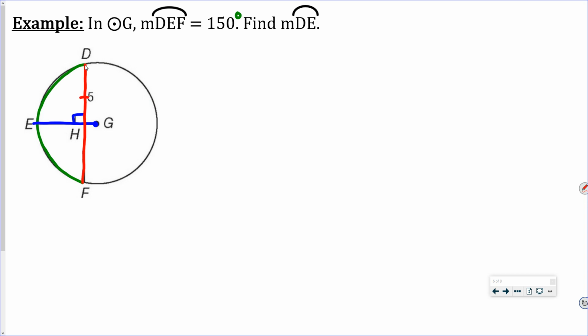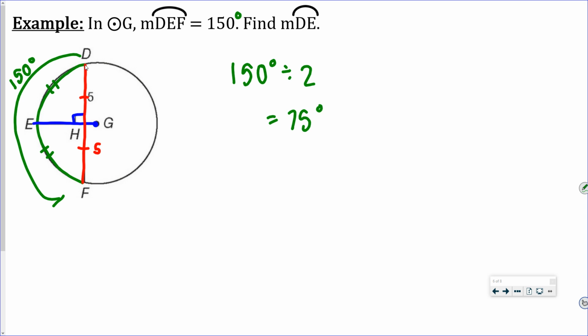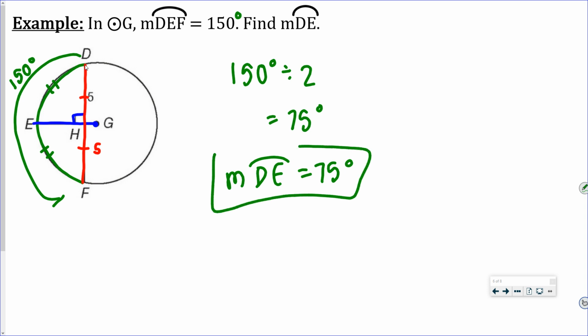It splits this chord in half. Even though they don't ask me for this segment, it also needs 5. And it splits the arc in half, aka bisects the arc. So if this whole arc was 150 degrees, what's half of 150? 75. The measure of arc DE is going to be 75 degrees.